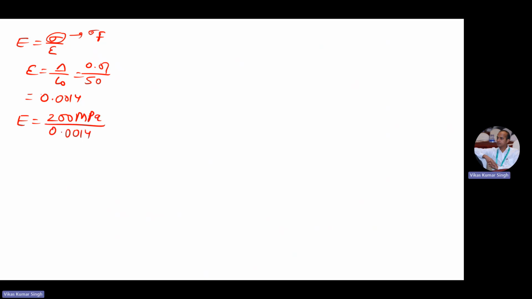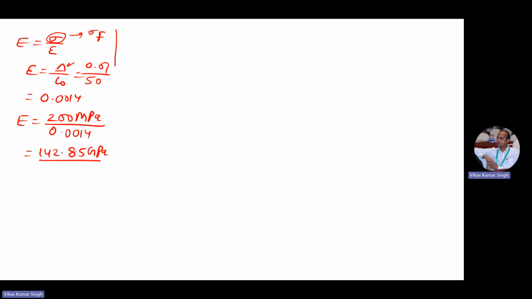Generally strain doesn't have any unit, because both are lengths and the units cancel. If we solve this, we get 142.85 GPa. So this is the first part of the question, A.